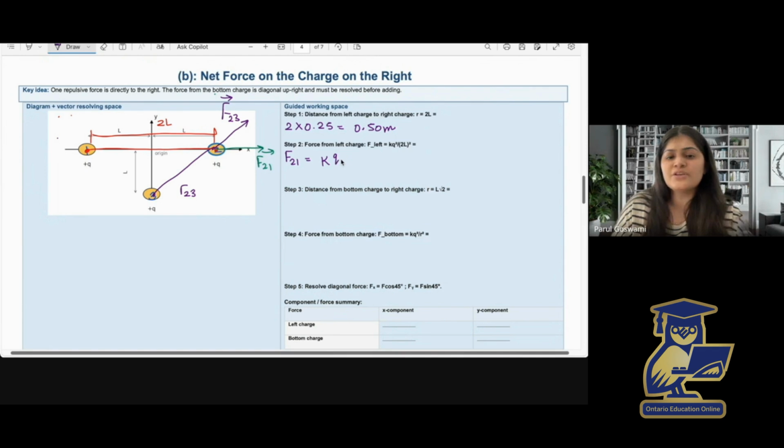On substituting the values, 8.99 times 10 raised to the power 9 times Q1 Q2, which is 7.5 times 10 raised to the power negative 6. I can do the square because both the values are of the same magnitude, and r is already calculated here, 0.50 squared. We will get 2.02 Newton east.